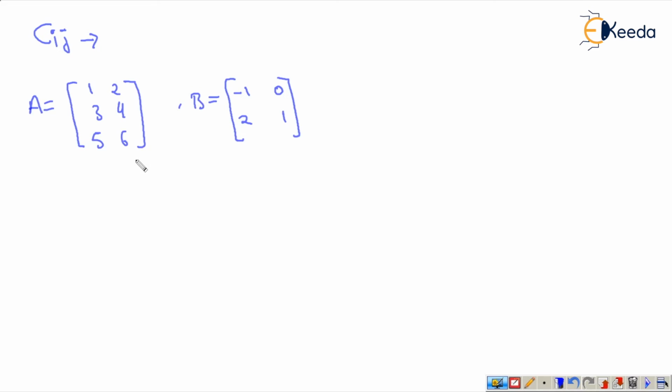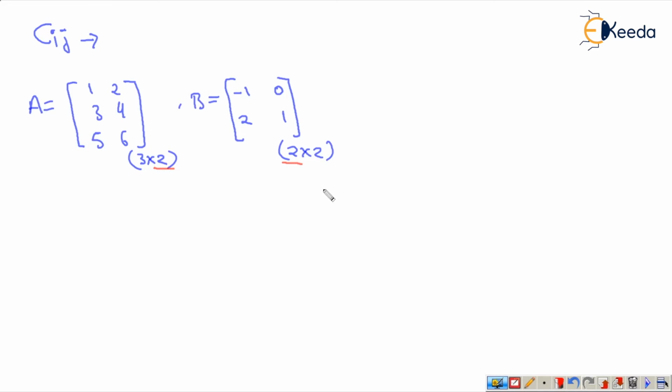So this is 3 cross 2, this is 2 cross 2, and of course you'll see that the number of columns of the first matrix and the number of rows of the second matrix are the same.